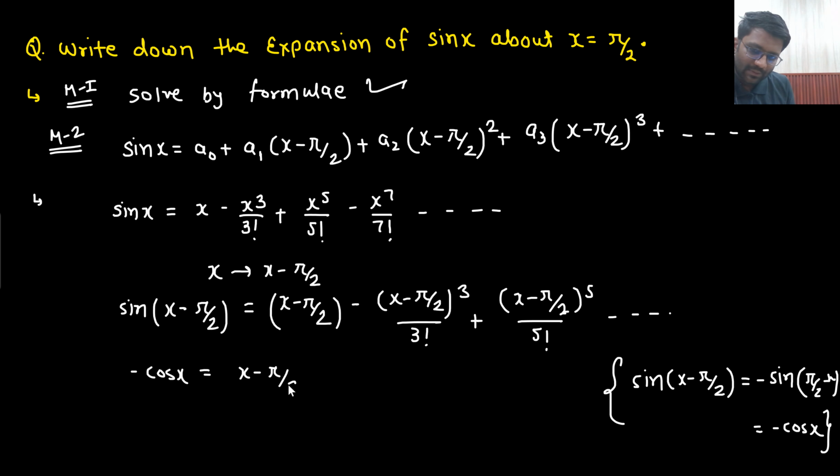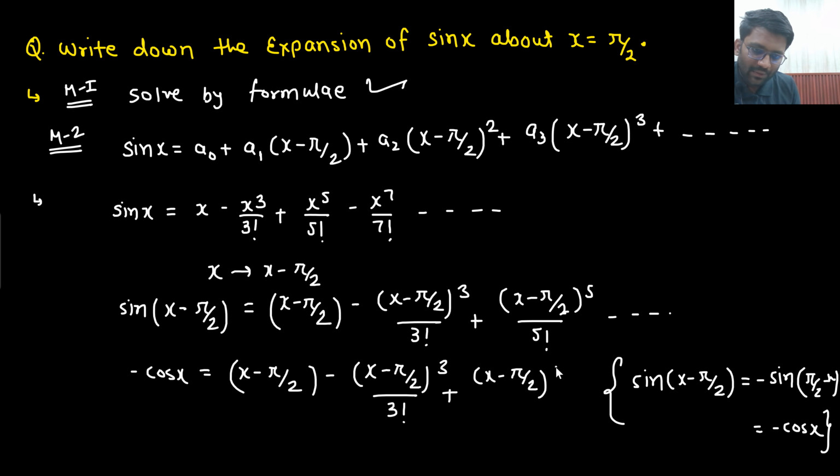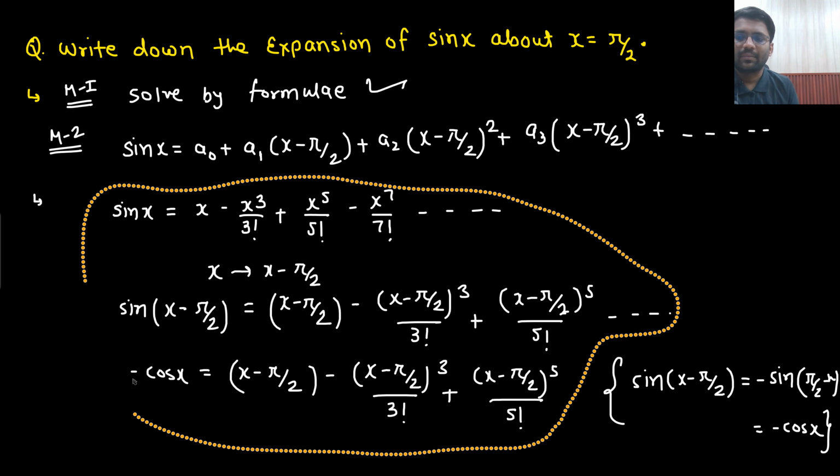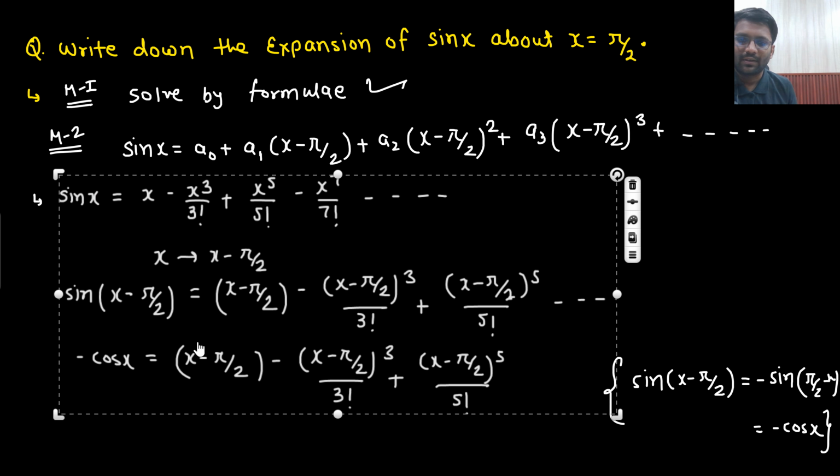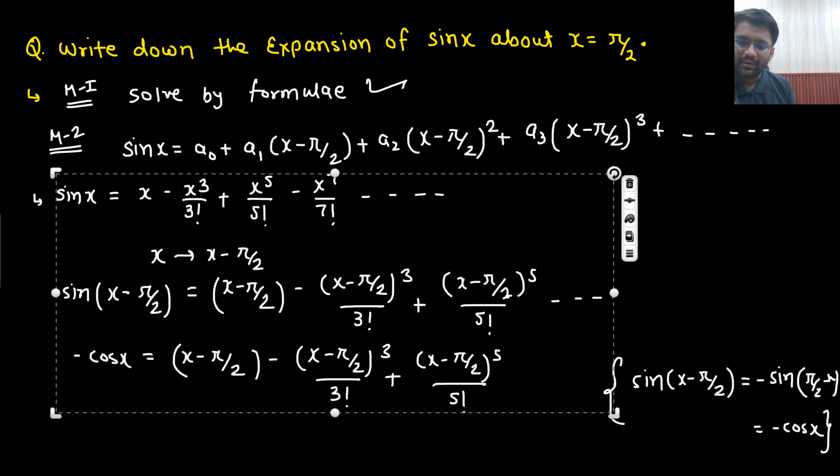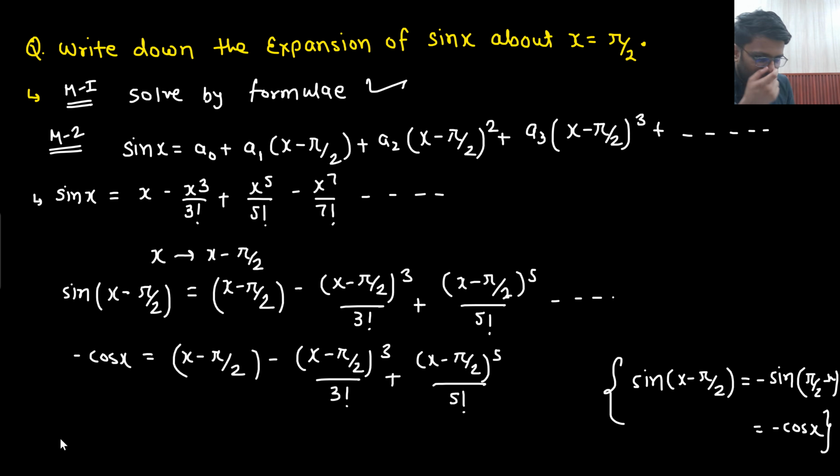So minus cos x is coming out to be (x minus pi by 2) minus (x minus pi by 2) whole cube divided by 3 factorial plus (x minus pi by 2) to the power 5 divided by 5 factorial. So what will cos x come out to be? Let's take it a bit upward, and here cos x is simply coming out to be minus (x minus pi by 2).